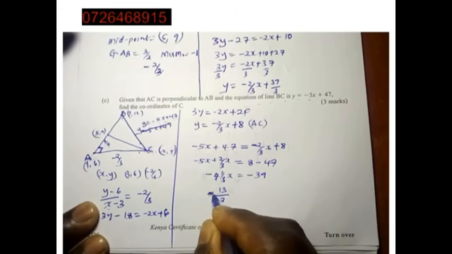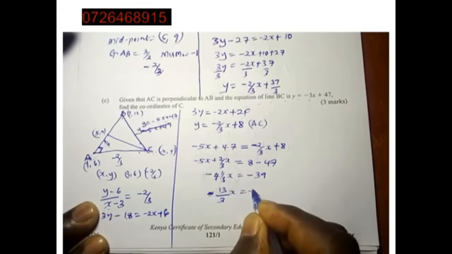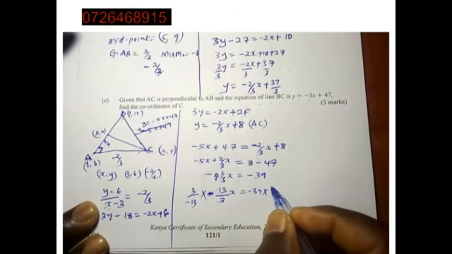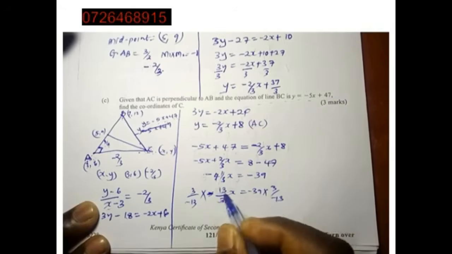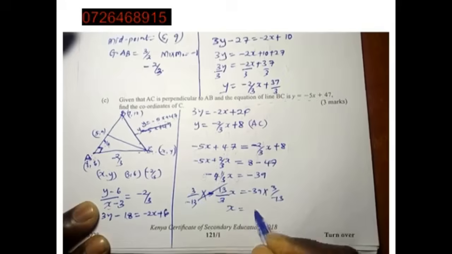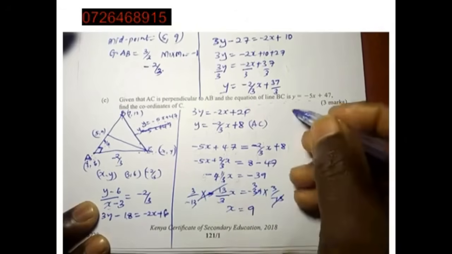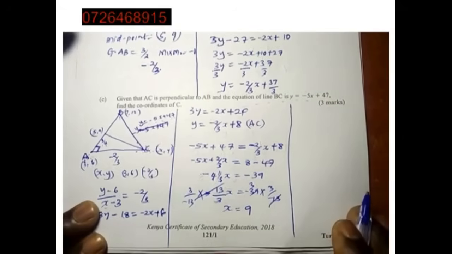Now -13 over 3 x equals -39. So we can multiply both sides by 3 over -13. The 13 goes with the 39, so x is going to be 9. The value of x is 9.